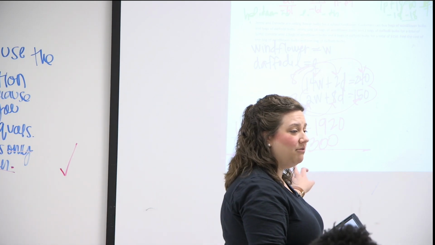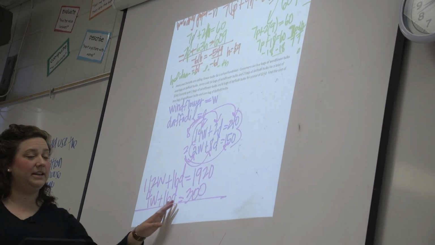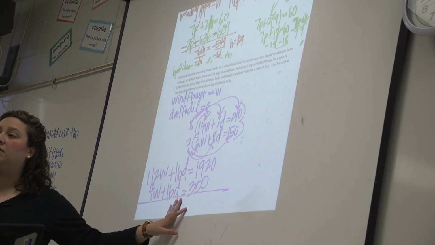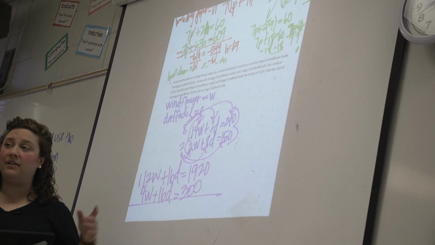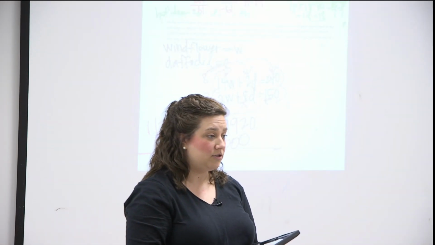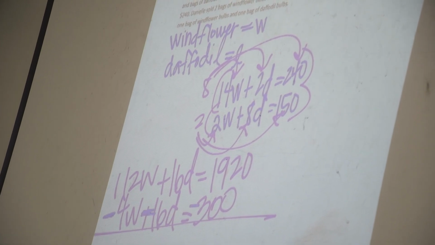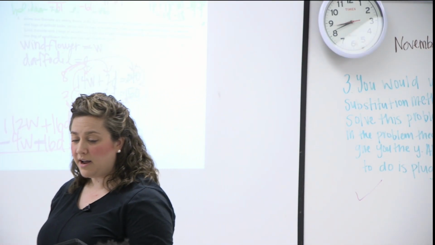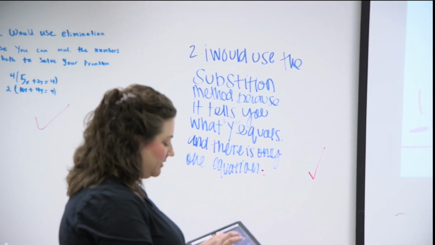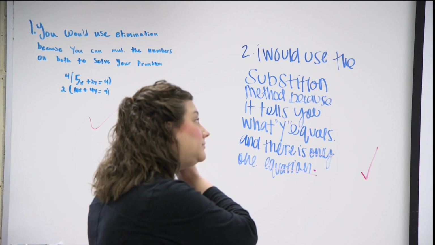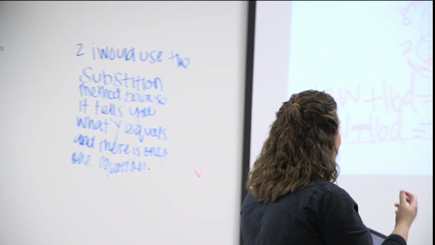So would they cancel out? No. And are you trying to get the W or the D to cancel out? Yeah. And so you can't add them together. You have to do what? Subtract. Very good. You got to change all of them. Remember, whatever you do to one, you have to do to the other. You have to be a fair parent. You cannot treat one child differently than the other, right? Or I can't give one of you bonus points without giving it to the others just because.